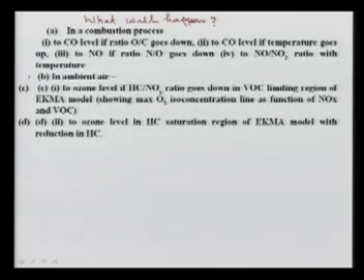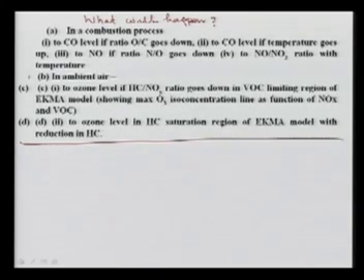First let's write that, and then the second thing: what happens to the CO level if the temperature goes up, and to NO if the ratio of N by O goes down, and the NO by NO2 ratio with the temperature. But we'll do them slowly one by one. Let's do the first part, the A, and in A the subsection 1.